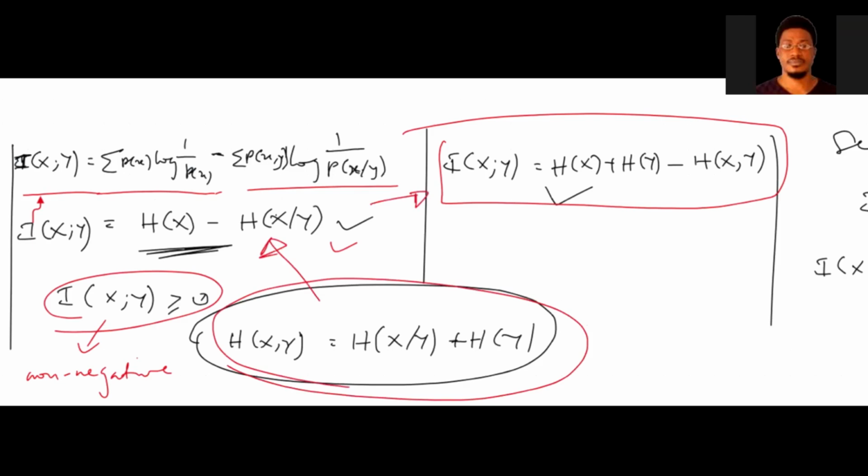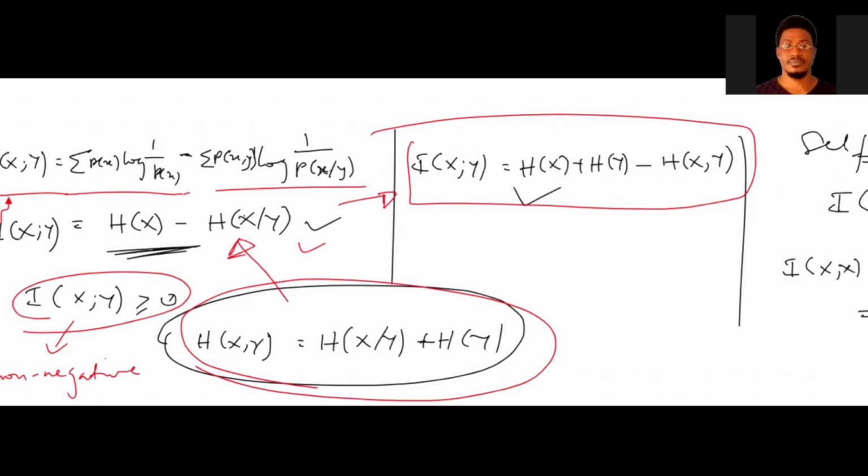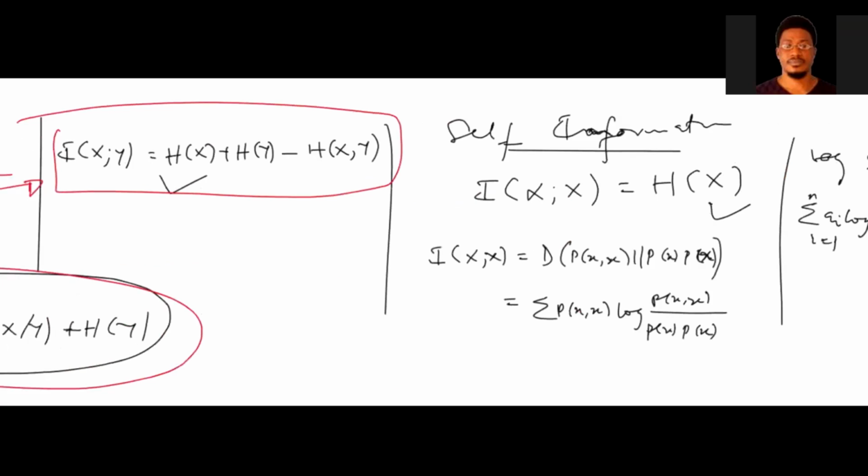Now, for you to be able to derive this, we also have that the joint entropy is the same as the equivocation plus the output entropy, right? So once you plug this into this, we should get this. Okay? Is that straightforward? Very straightforward.